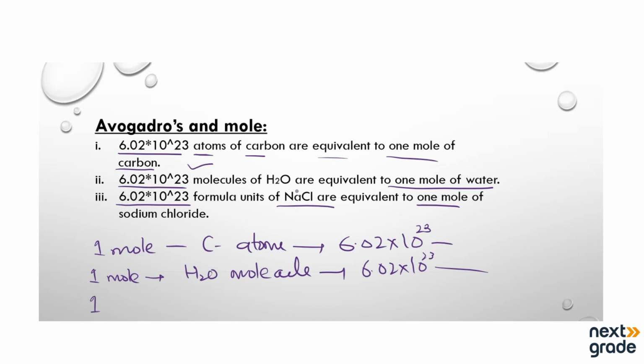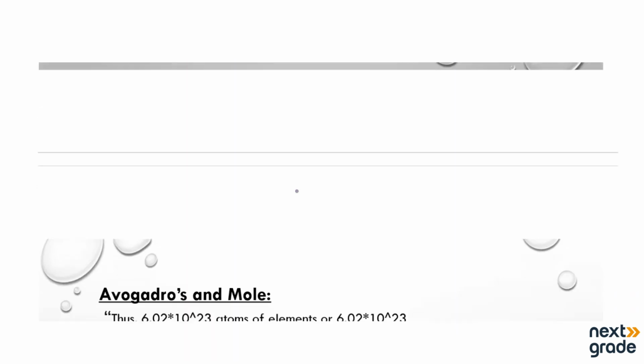And 1 mole of sodium chloride has 6.02 × 10^23 formula units in it. So this is the simple relationship between Avogadro's number and a mole.